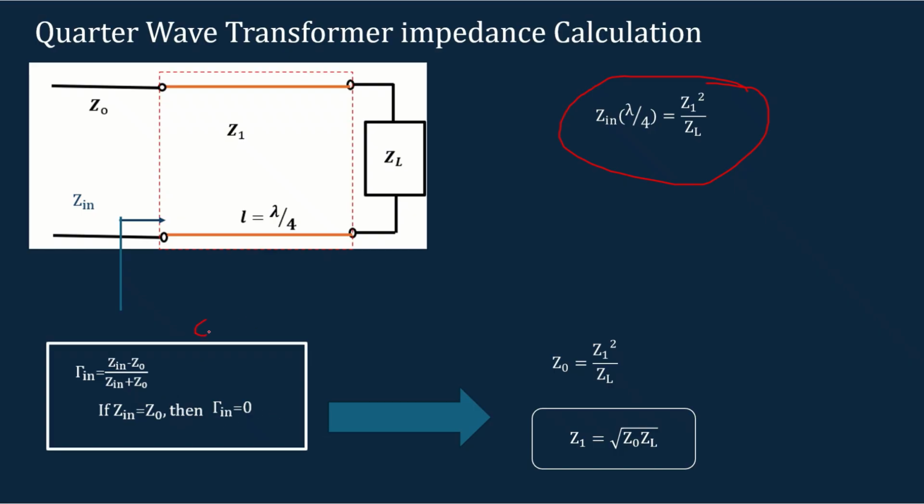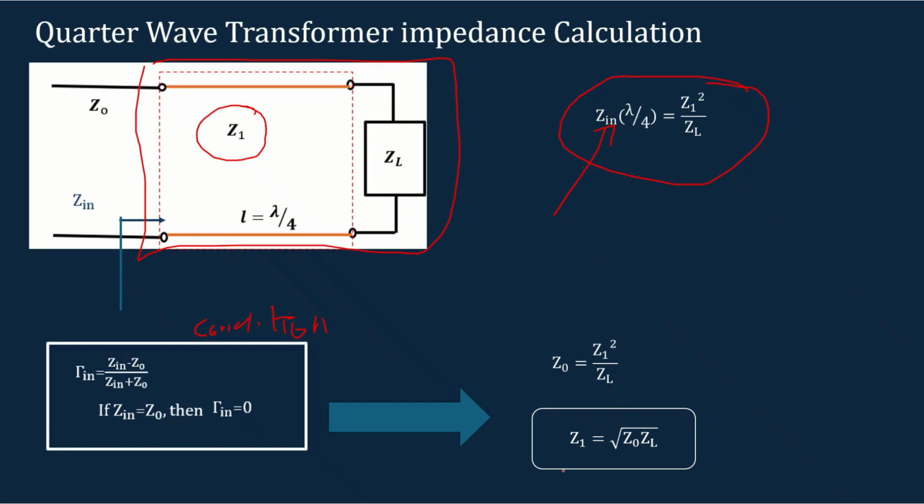So this is the condition for impedance matching: Zin, the total impedance of this system, should be equal to Z0. When you substitute Z0 for Zin, we get Z0 equal to Z1 square by ZL. From this expression, we can calculate the impedance of the quarter wave transformer, given by Z1 equal to the square root of Z0 times ZL.